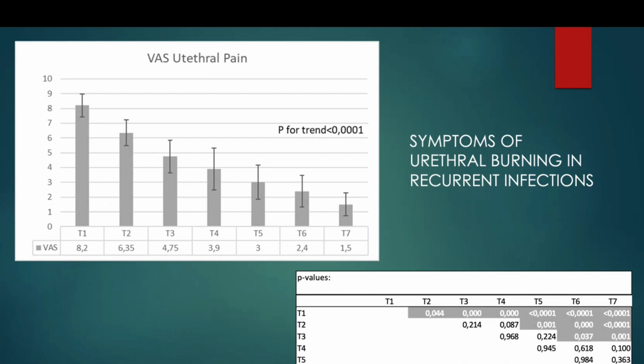We can show that the symptoms of urethral burning in recurrent infection are reduced very much. These symptoms, urethral pain, are very frequent in these patients, and it's very important for me to reduce this symptom for them.